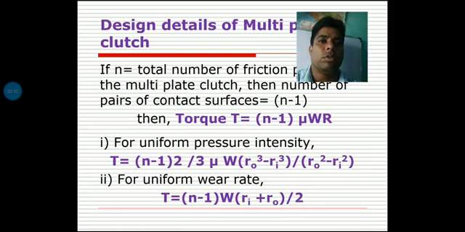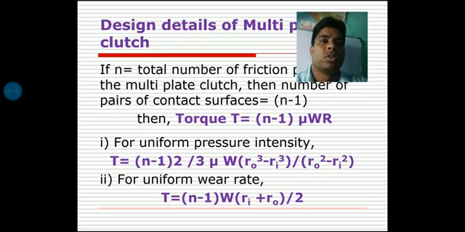Now the torque will be (n minus 1), where n is the total number of discs, into mu, the coefficient of friction, W, the total axial load, and R, the radius.